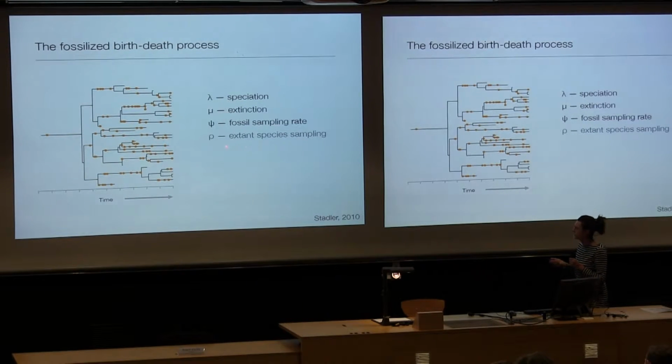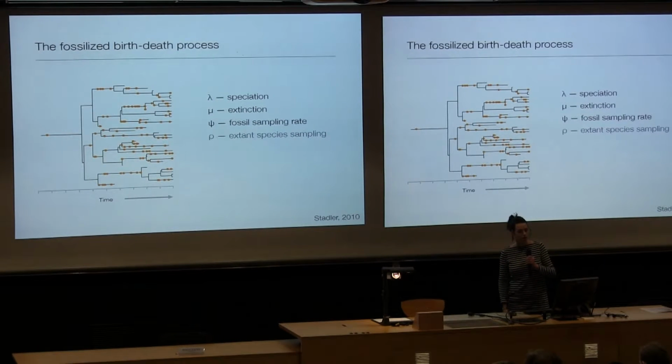I've shaded this parameter here, rho, extant species sampling, because we often know a lot more about this parameter than the other three parameters, which are really much harder to estimate.